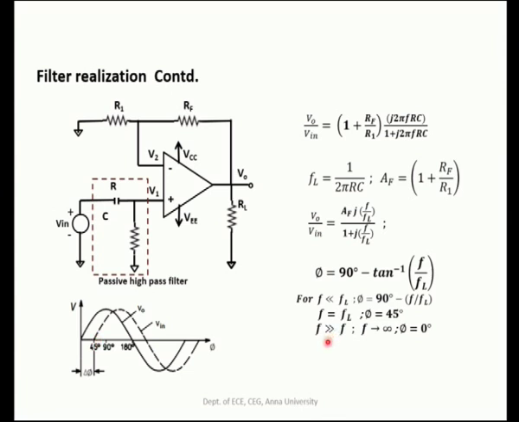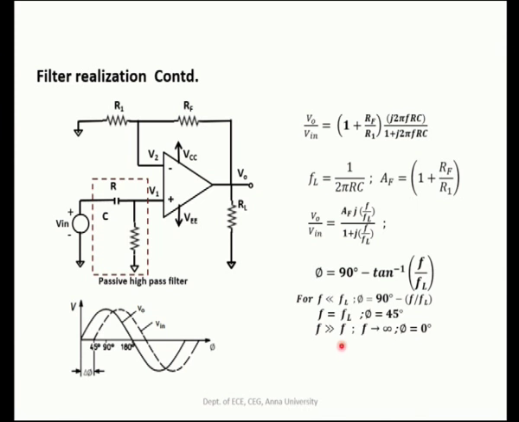Now, for the case of f much greater than fl, as f tends to infinity, the term goes to 90 degree, so phi here is 0 degree. So for f much greater than fl, that is in the pass band, the phase is 0.